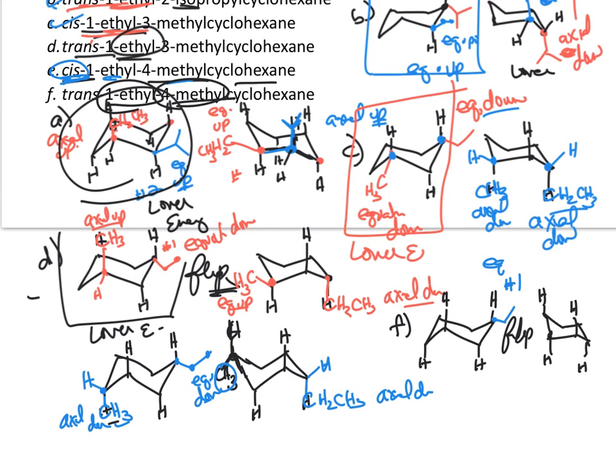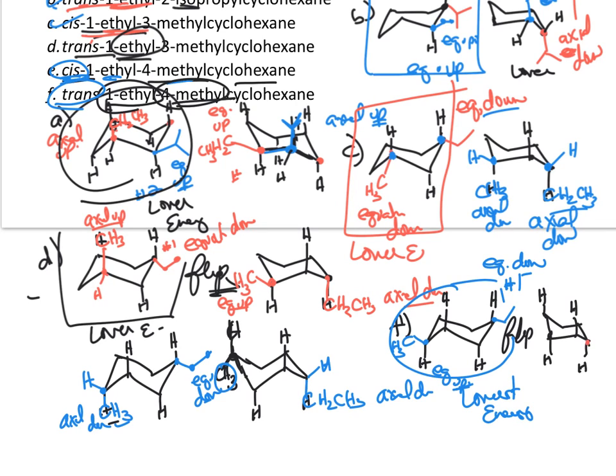And this is equatorial down. We have trans. So over here, if that's down, this needs to be up, CH3. So this is equatorial up. And that makes them trans because one's up and one's down. This is going to definitely be your lowest energy, because both substituents are equatorial.